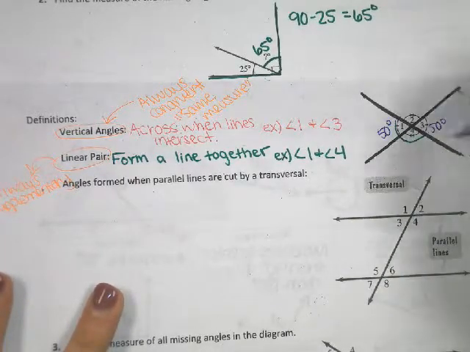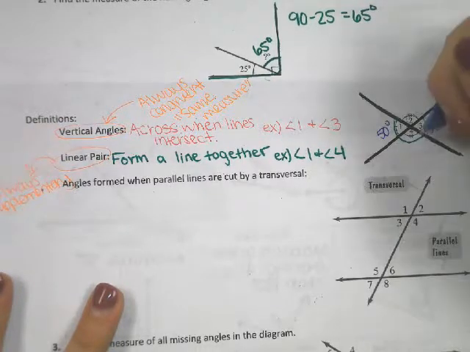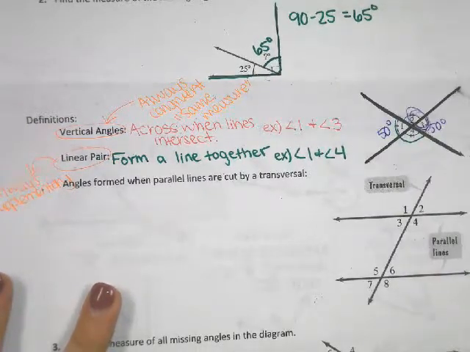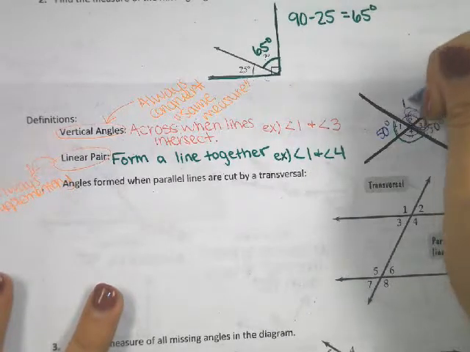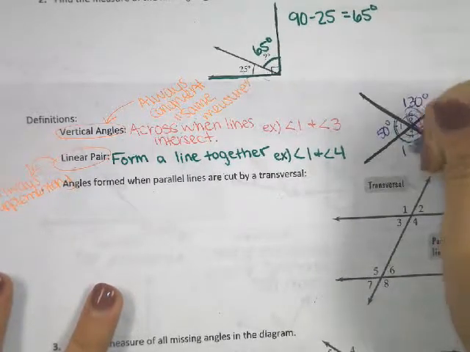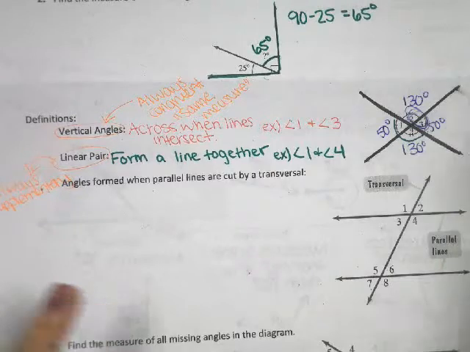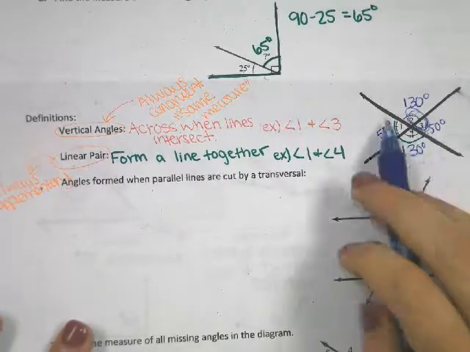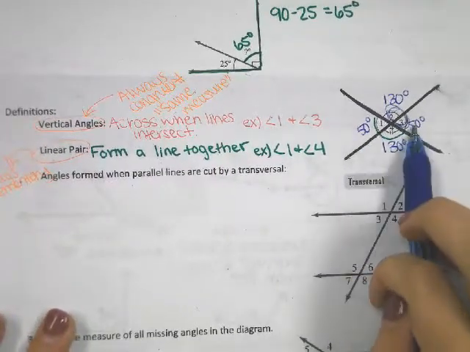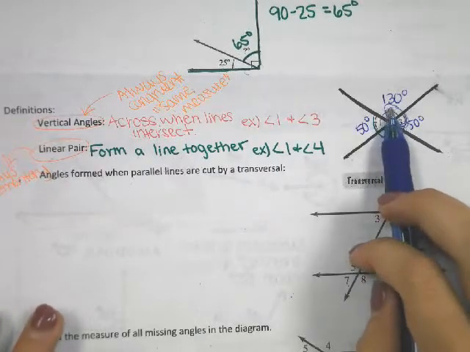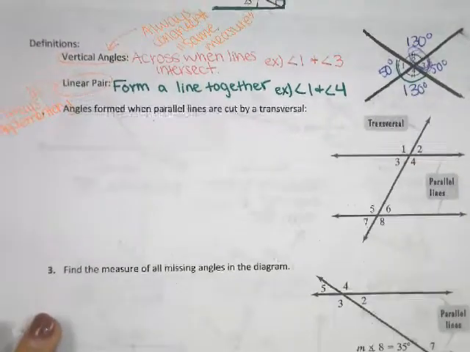And then 2 and 3 are a linear pair. So I know 2 and 3 together need to add up to 180 degrees. That makes this one 130. And this one's 130 because these are vertical. So this is our relationship when we have two lines intersecting. The angles across are congruent. The angles next to each other are supplementary.